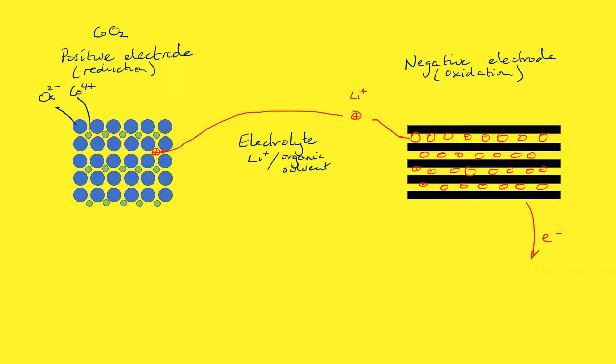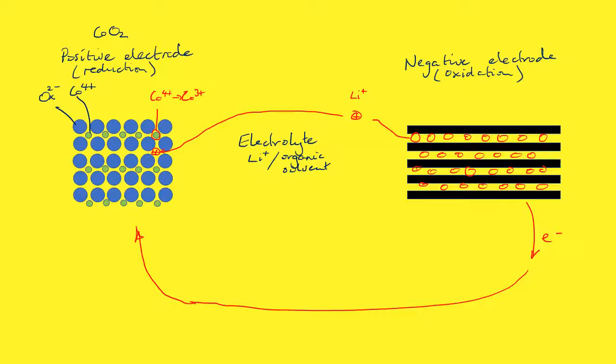So this cobalt 4 plus ion can now be a cobalt 3 plus ion, because this electron has gone around the circuit in this direction, made its way over to this electrode, and so that goes from a cobalt 4 plus to a cobalt 3 plus.